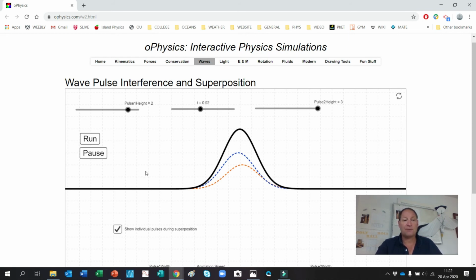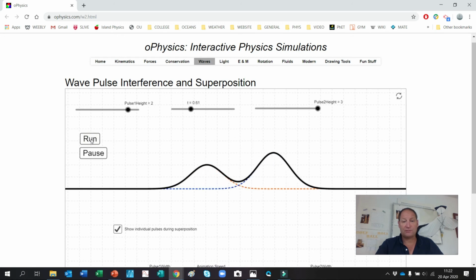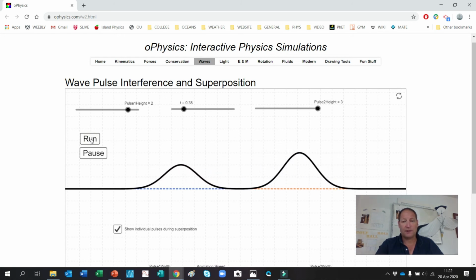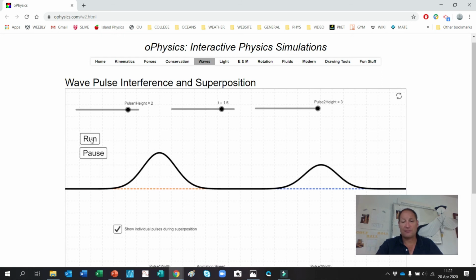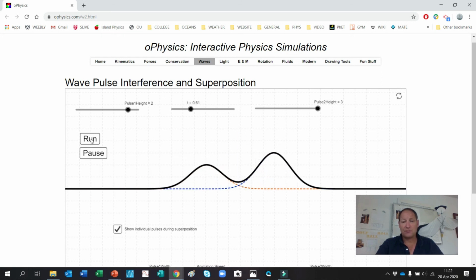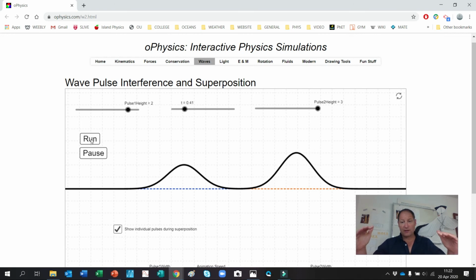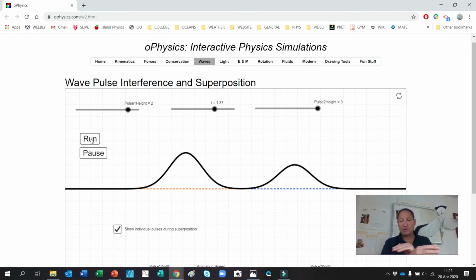And this is how rogue waves are formed. So let's run the simulation. Let's finish running it. Okay, so waves come in, coincide, and then they carry on going their way again. So the two waves are just going and doing their thing and pretty much ignore each other.